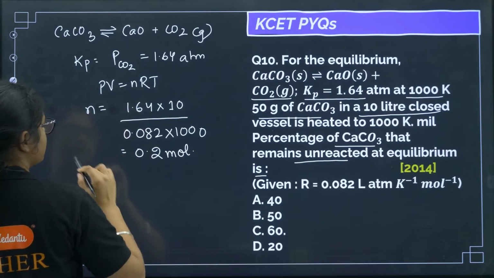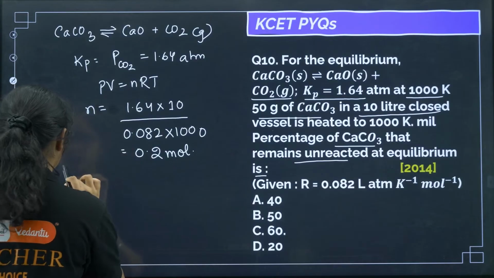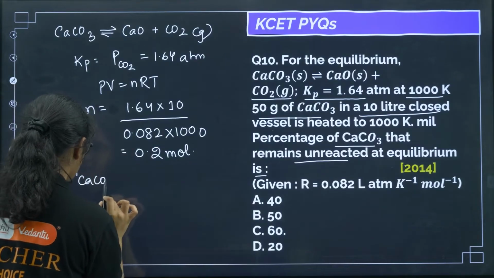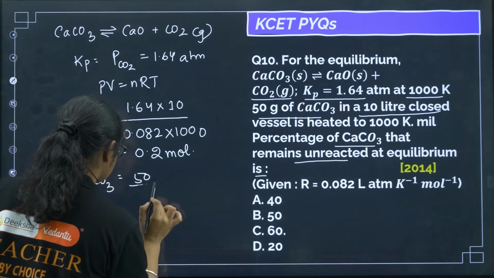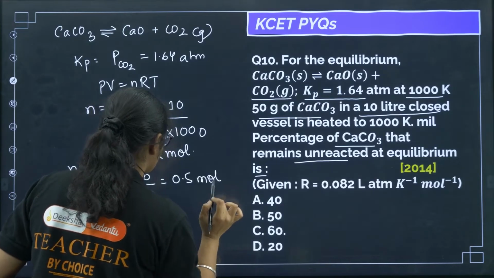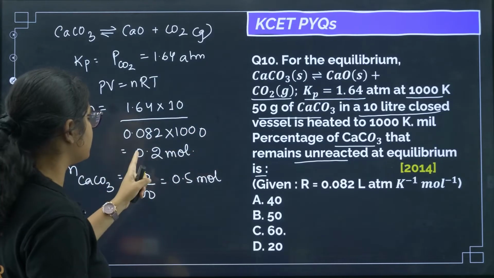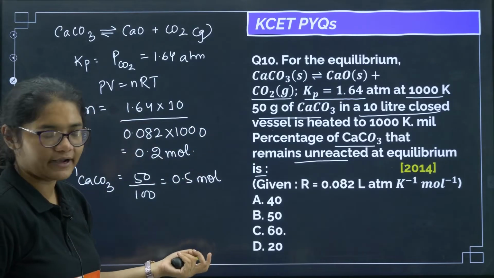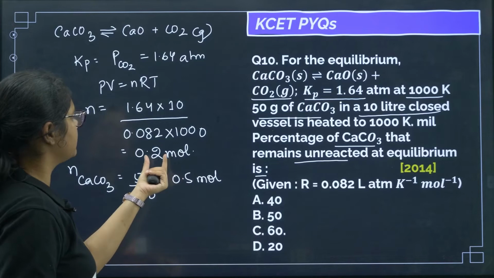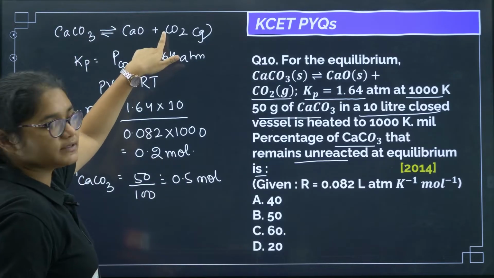Now in this reaction, you started with 50 grams of CaCO3. Then what was the moles of CaCO3? It is given mass by molar mass, that is 0.5 moles. 0.5 mole was there and at equilibrium 0.2 mole of CO2 is there. Why am I saying this? See, 1 mole of CaCO3 gives 1 mole of CO2.